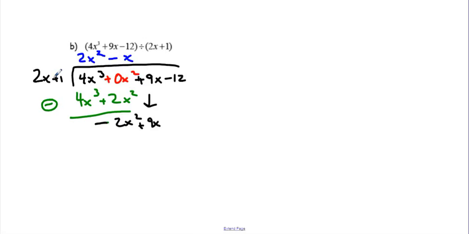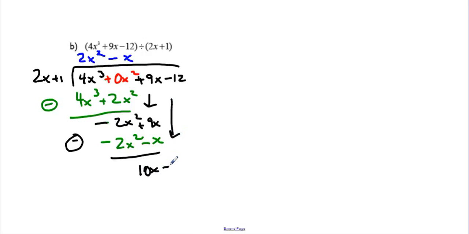Minus x times 2x is minus 2x squared, and minus x times 1 is minus x. We're going to subtract again. 9x minus x gives me 10x. Bring down the negative 12.